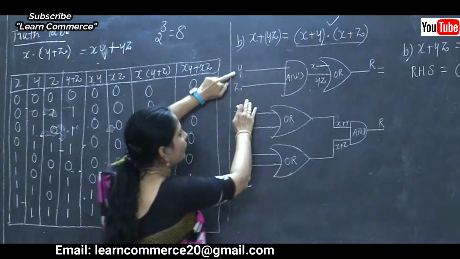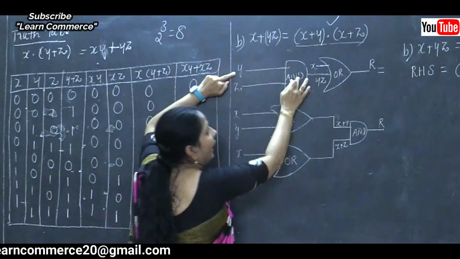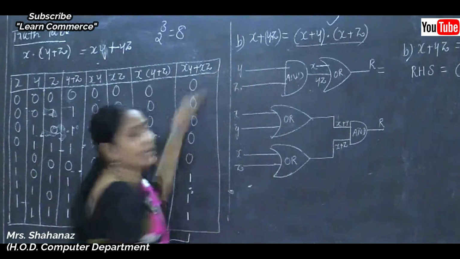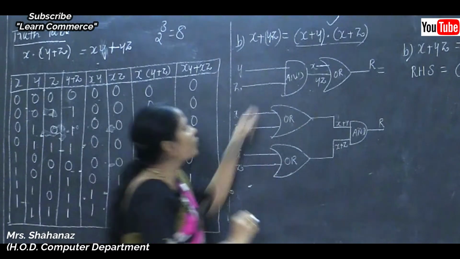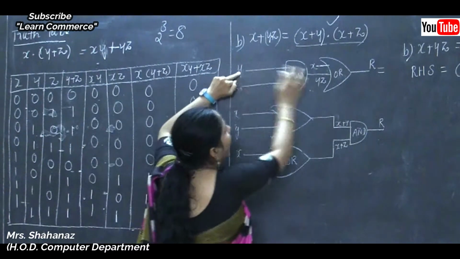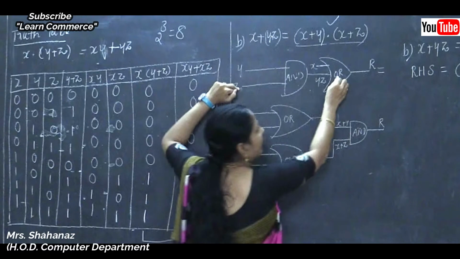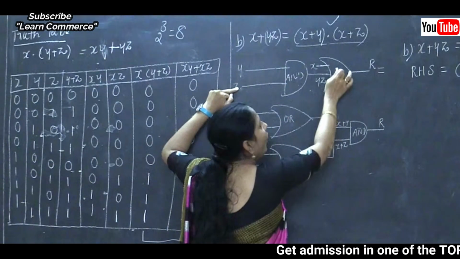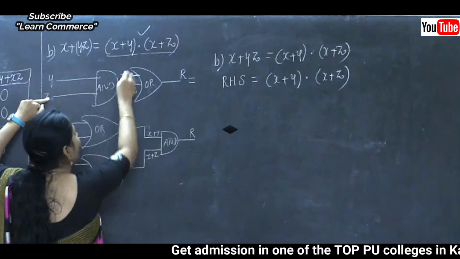So I am going to take first of all y and z. Clear this point. In between y and z the dot symbol is there. So I am going to take y and z here, and next the plus sign is there. So I am going to draw the OR gate here, and such one is equal to our x.